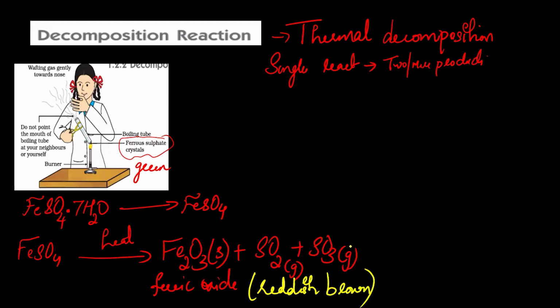So you will observe the color change from green to reddish brown. Also, you will observe the smell of burning sulfur. That characteristic odor of burning sulfur you have to observe here. These are the two observations that we see in this reaction.